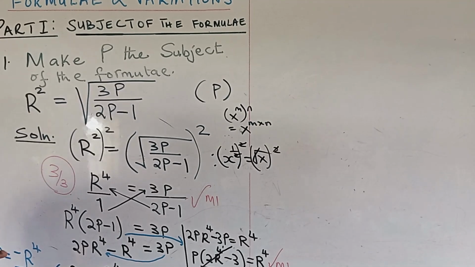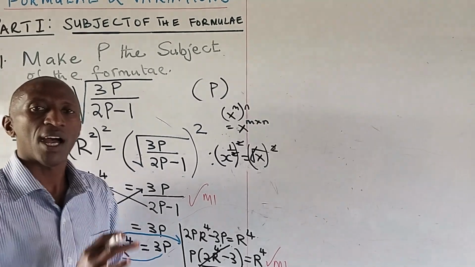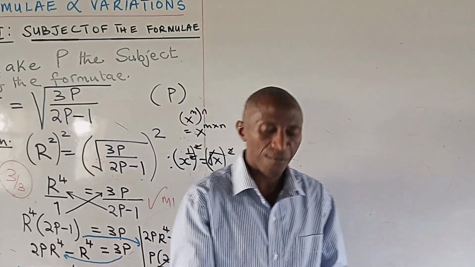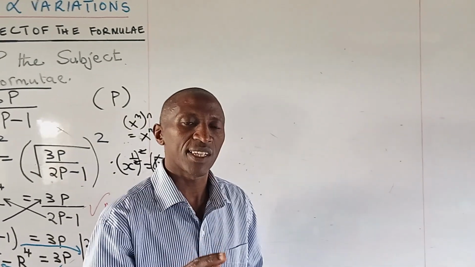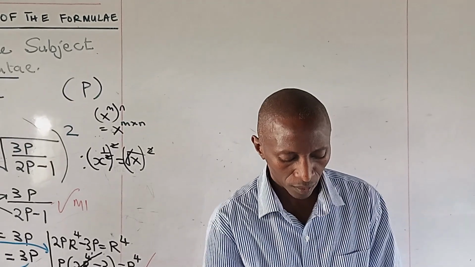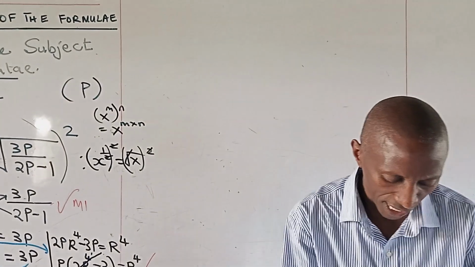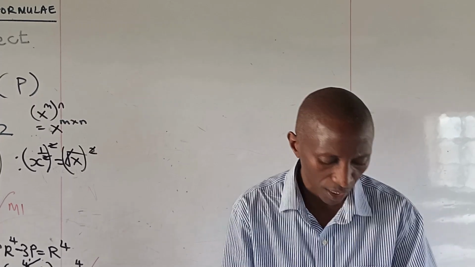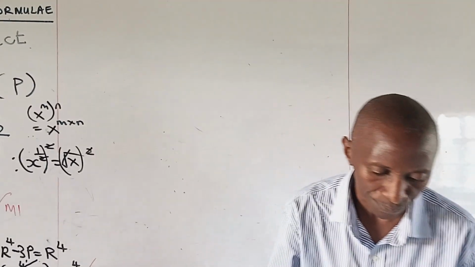I would like us to look at question number 2, which will guide us further in how to undertake these questions in formula. So viewers, I'd like us to write question number 2 and we work it out together.